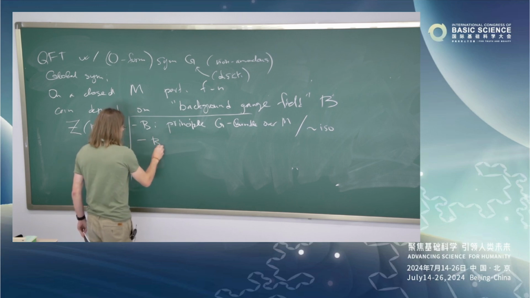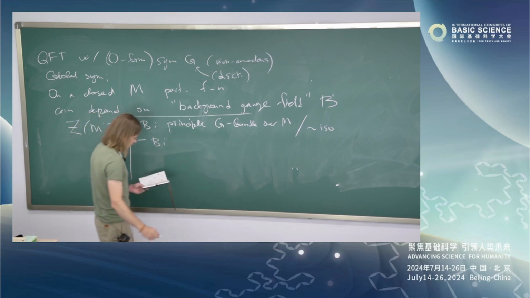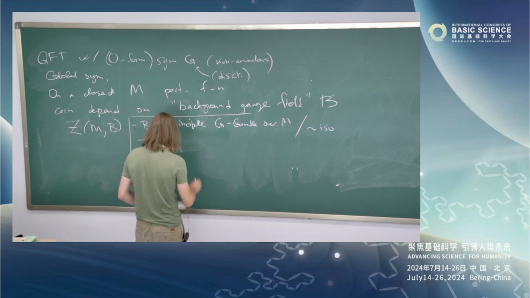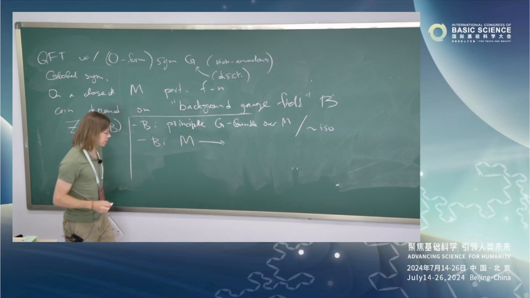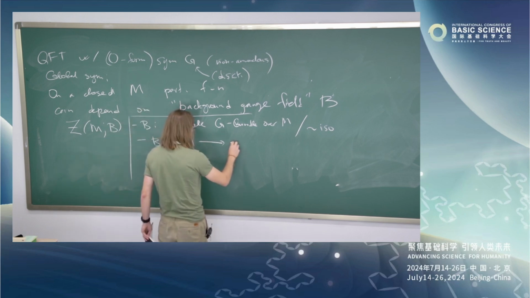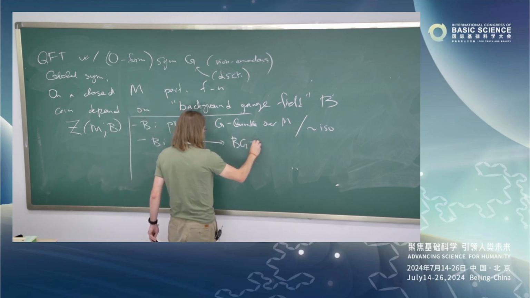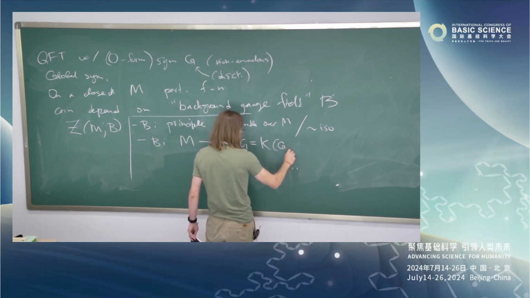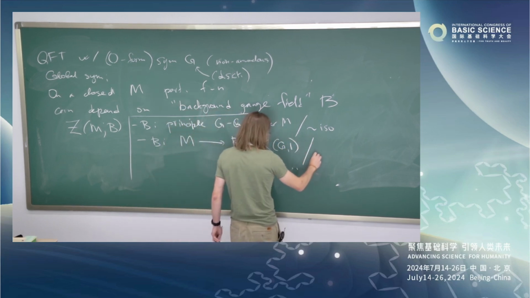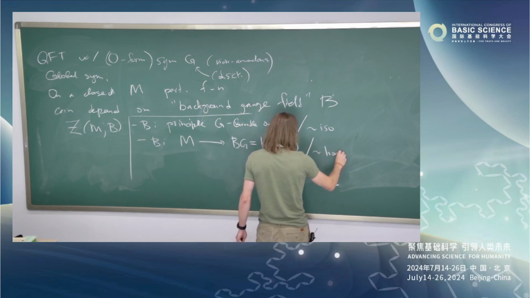Another approach is to understand a choice of B as a choice of a map from M to a classifying space of G, which when G is discrete is the same as the first Eilenberg-MacLane space. And here we're considering it up to homotopy.